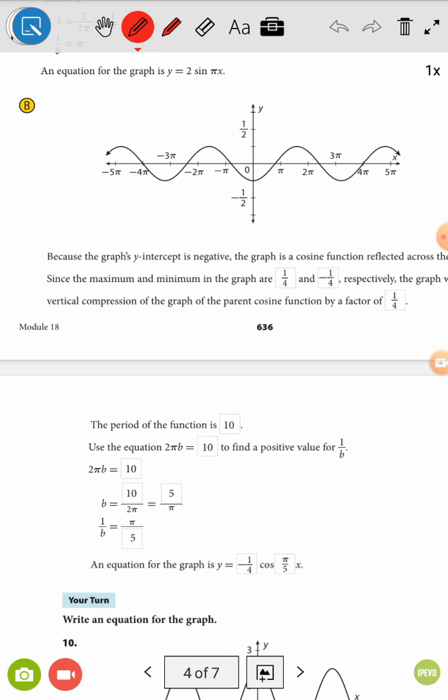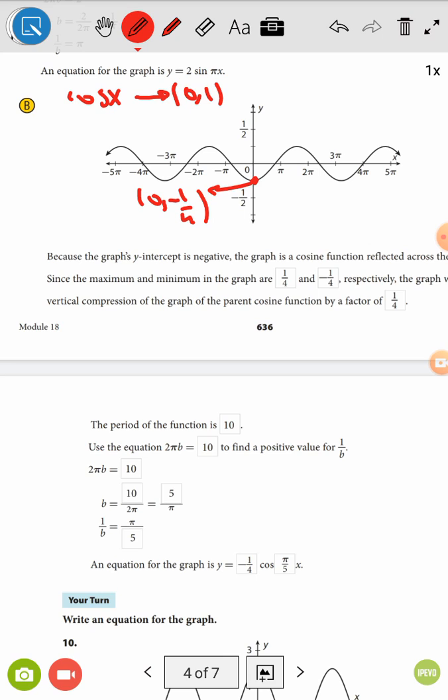We choose the cosine since the startup now is not 0, 0. Remember that the parent of the cosine x, the startup was 0, 1. So now we are going to start from 0 quarter, or 0 negative quarter. So definitely it's a cosine wave.